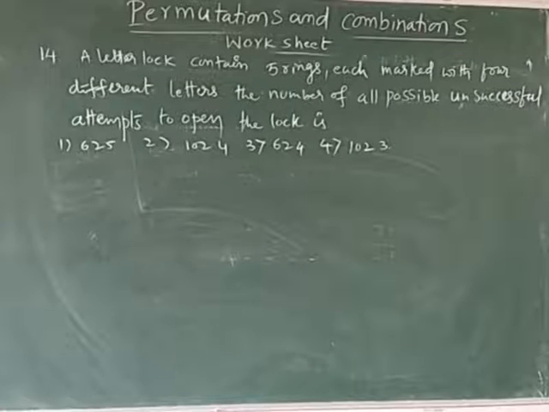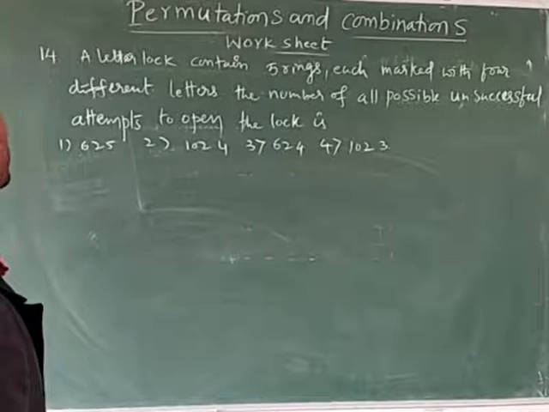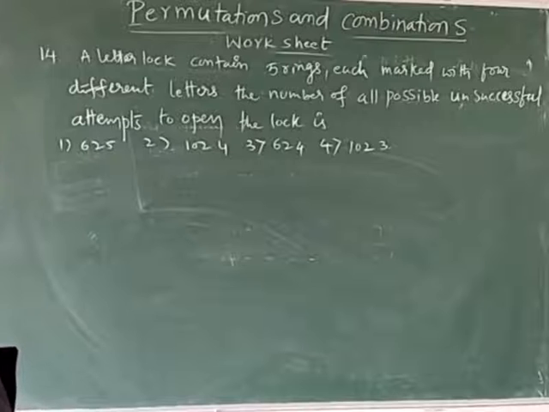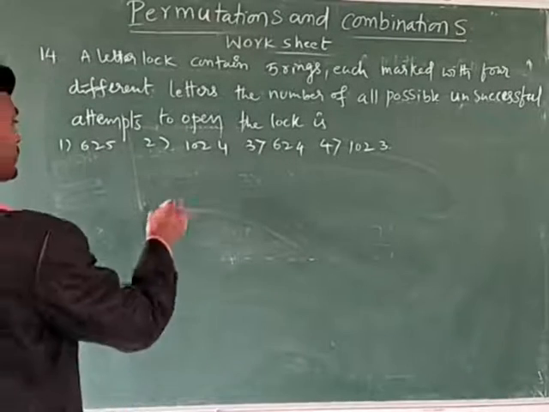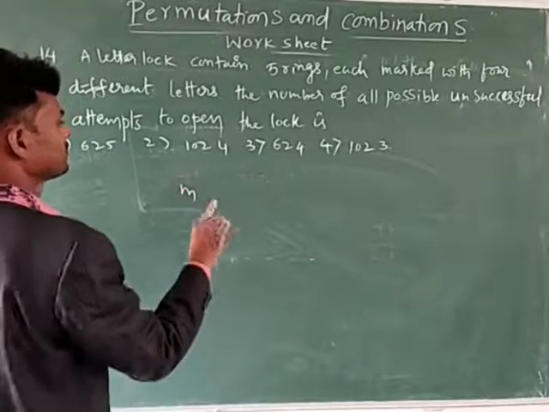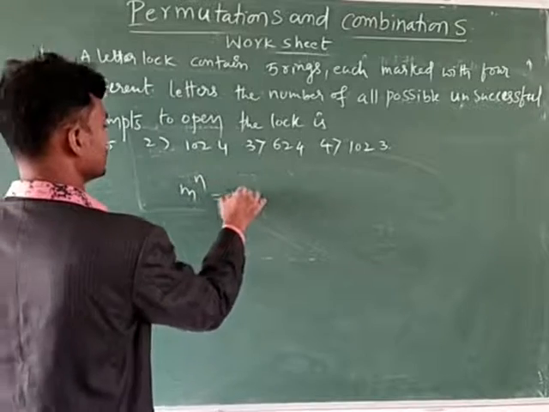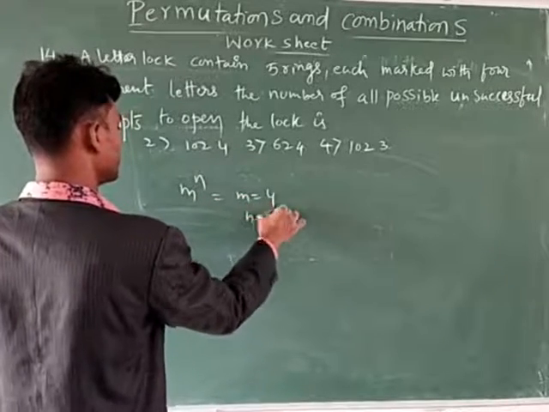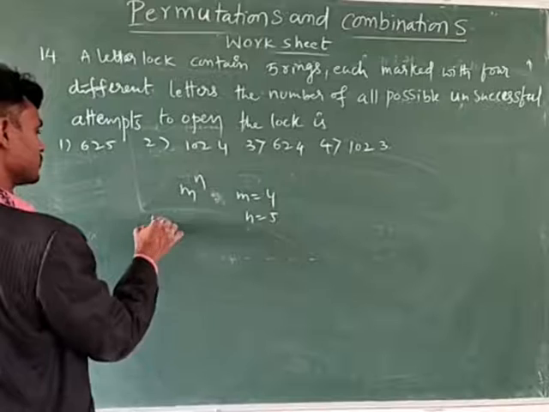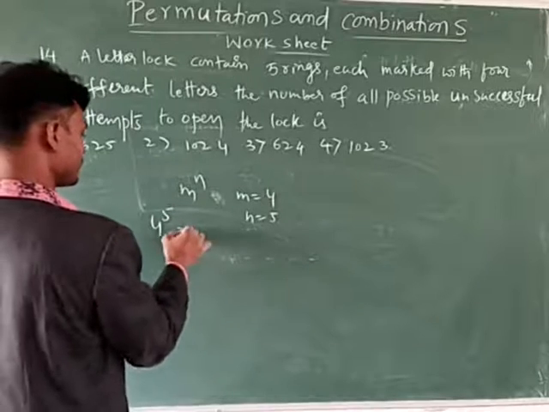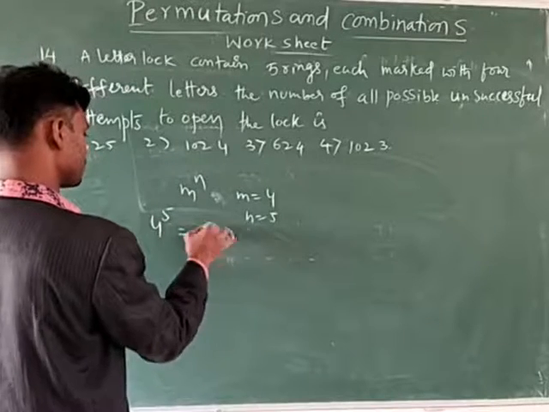A letter lock contains 5 rings, each marked with 4 different letters. The number of all possible unsuccessful attempts to open the lock. Here already I gave one formula: total number of trials is m to the power n. Here m is equal to 4, n is equal to 5. Then here total is 4 to the power of 5. 4 to the power of 5 is rewritten as (2 squared) whole power 5.